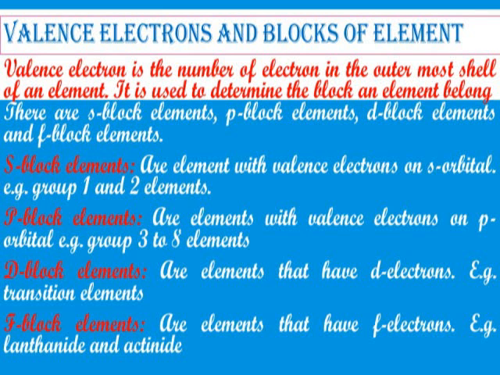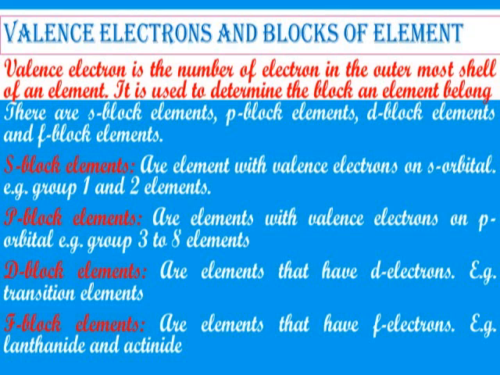Now let's see the valence electrons and blocks of elements. Valence electrons are the electrons in the outermost shell of an element. They are used to determine the block an element belongs to. There are s block elements, p block elements, d block elements, and finally f block elements.